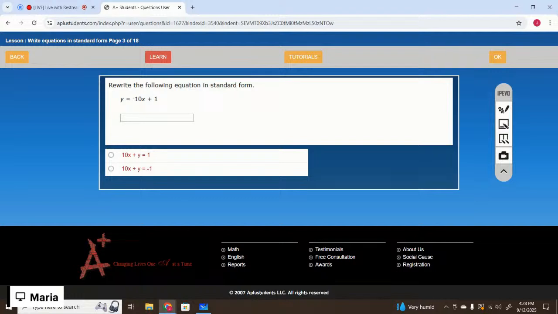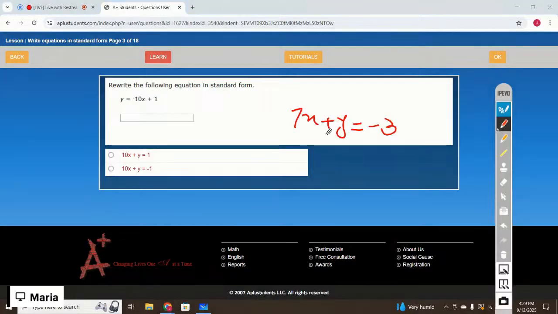Rewrite the following equation in standard form. y equals negative 10x plus 1. So we need to rewrite the equation in standard form. The standard form is ax plus by equals c.